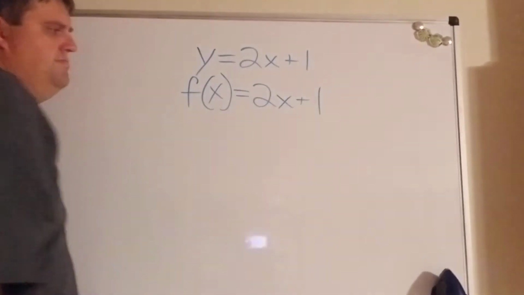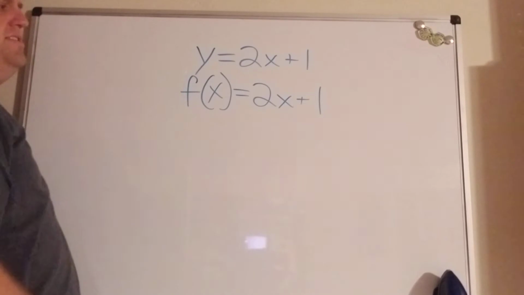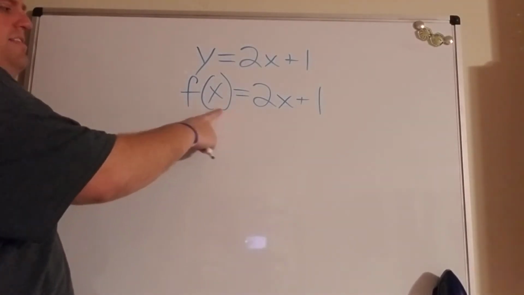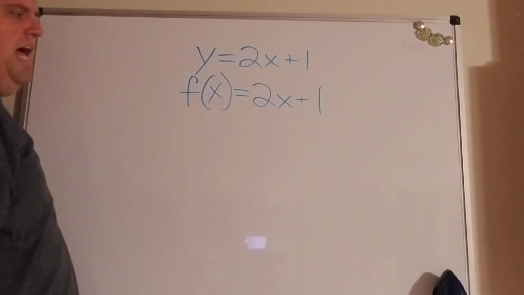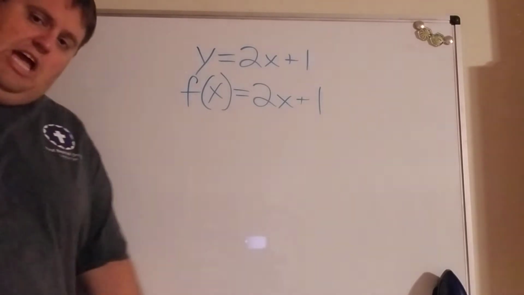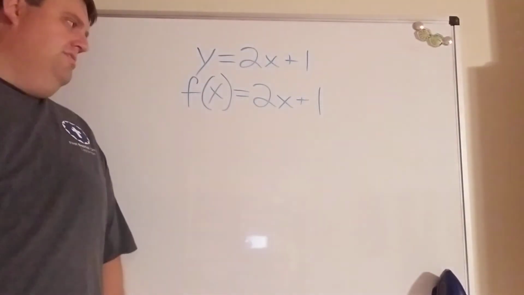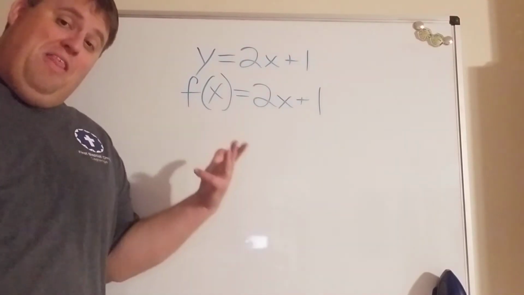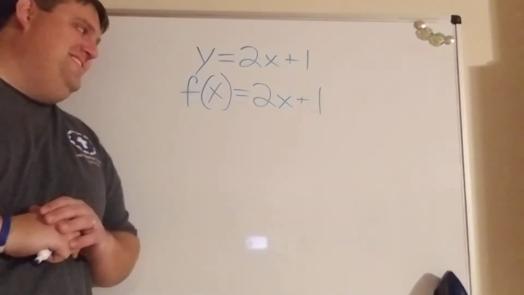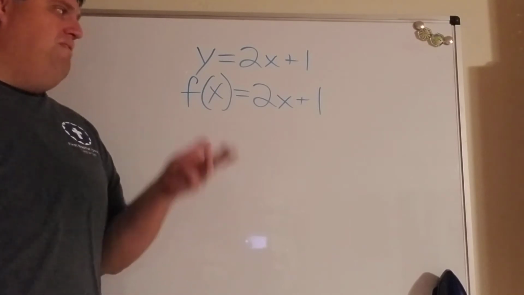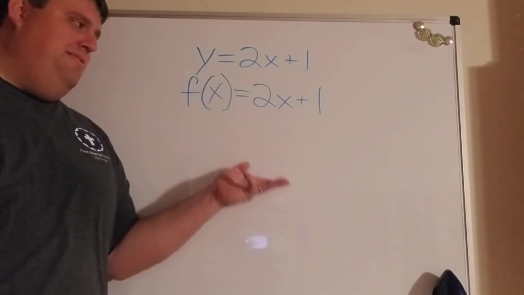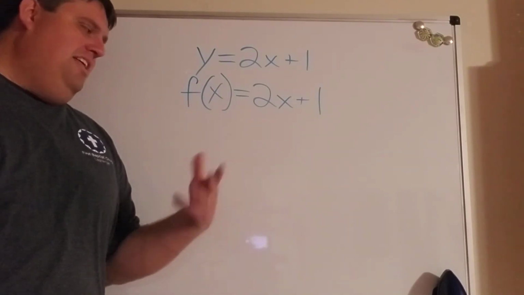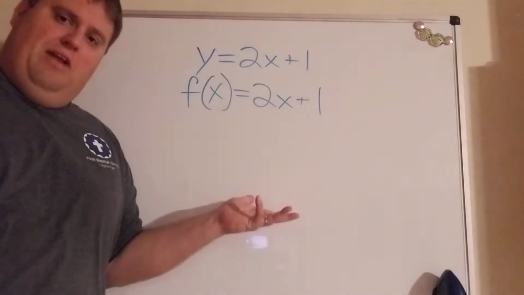All right, because this thing is a function of x. I could use f of x, or you'll see g of x, or h of x, or all that kind of weird stuff. It's the same thing. There is nothing different from y equals 2x plus 1 to f of x equals 2x plus 1. It's just another way to write something.